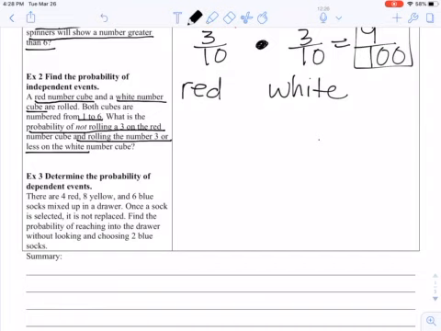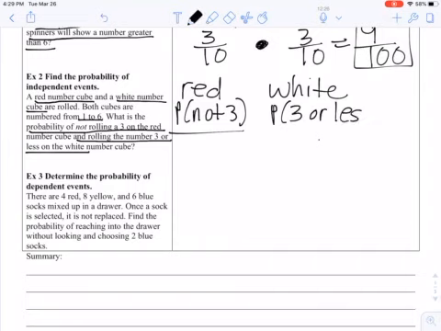And on that red number cube, we want the probability of not getting a 3. And on the white number cube, we want the probability of getting 3. Sorry, that came out weird. We want the probability of getting 3 or less.